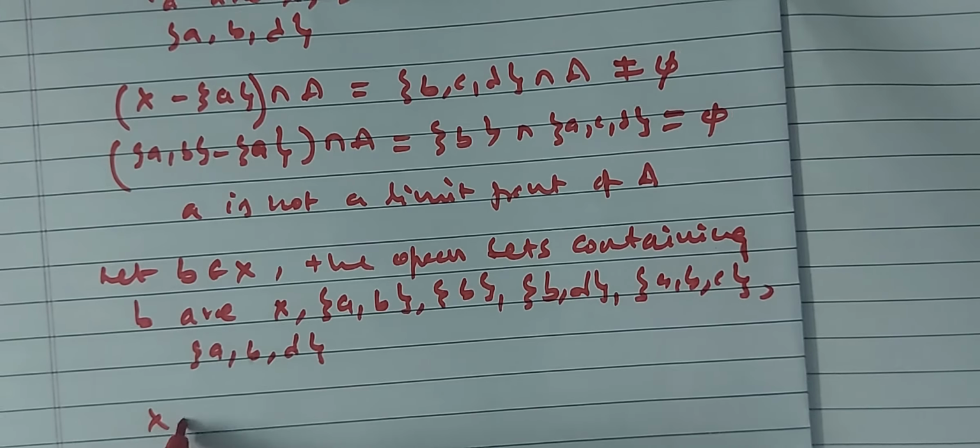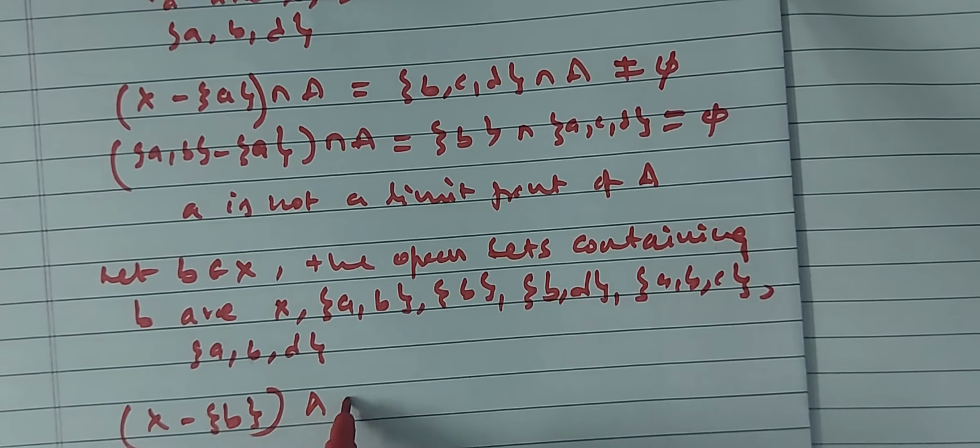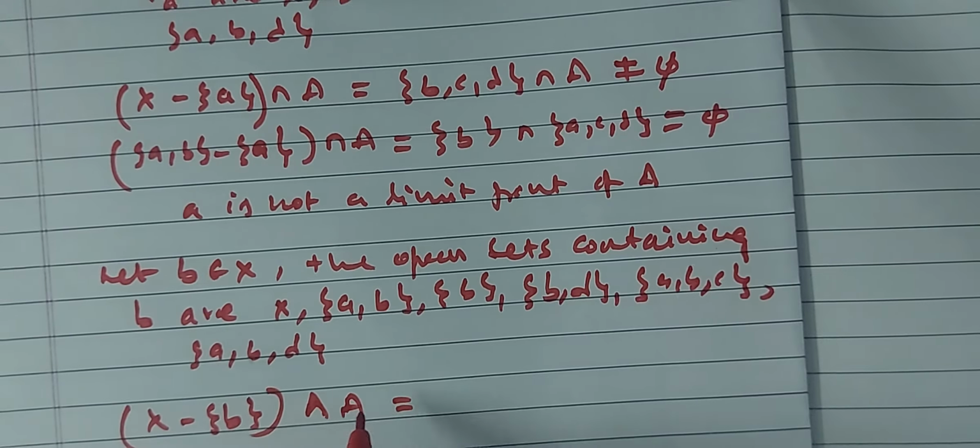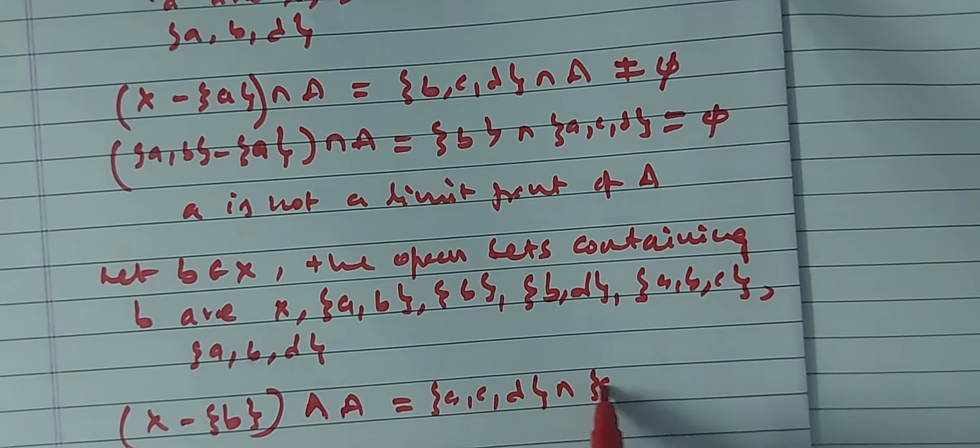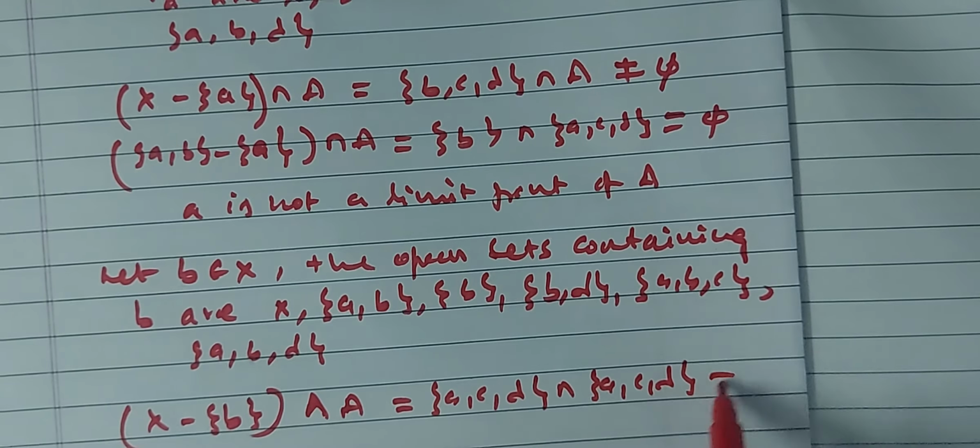Next, (X minus {b}) intersection A is equal to {a, c, d} intersection {a, c, d}, so that it is not equal to empty set.